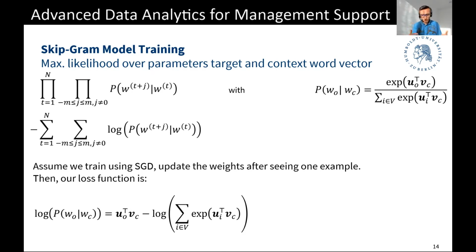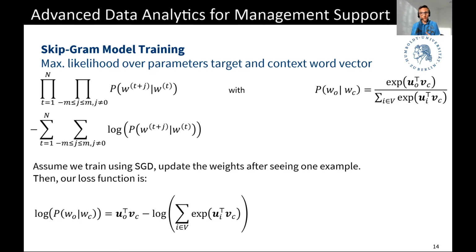Well, we can start with the likelihood, aiming to maximize the likelihood of observing the data, of observing certain combinations of words. And the joint probability that we need to maximize here would then be the probability of observing a word W_{T+J} in the context of a central target word, W_T.